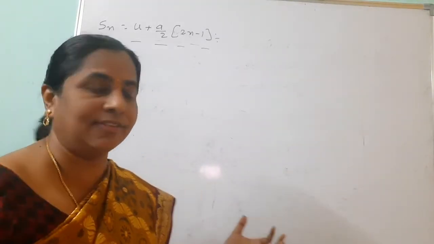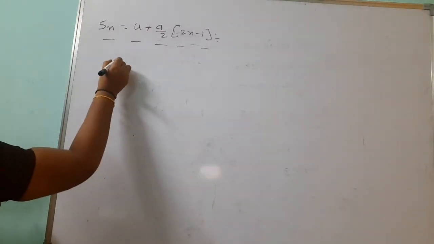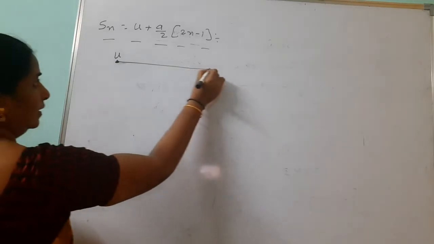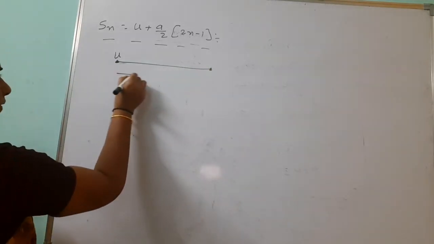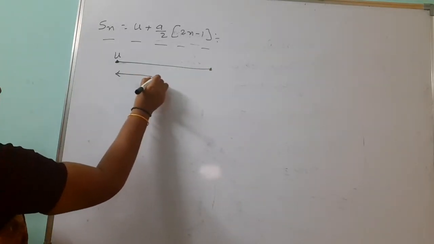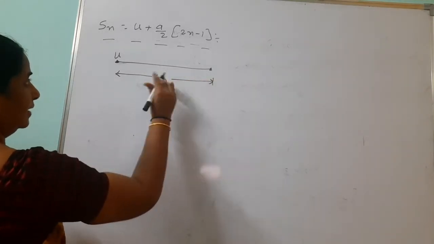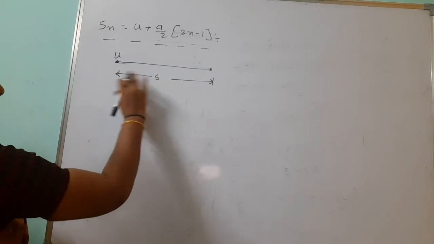How to derive this one? Look here. One car is there, starting velocity is u, and it is traveling. Sn is the total distance it covers in n seconds.